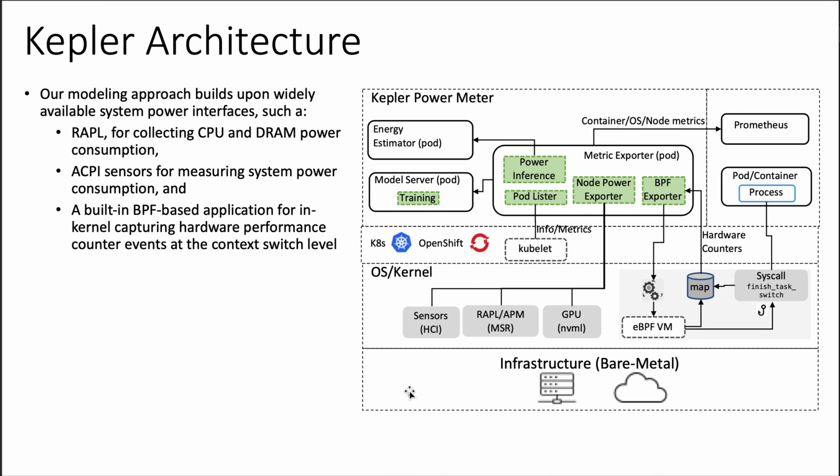So our modeling approach can use different power metrics from various power sources. For example, the Intel RAPL, which typically collects the power consumption of the CPU and the DRAM, and also the motherboard sensor, which collects the energy consumption of the entire motherboard and can be accessed by the ACPI sensors, and also the hardware counters that we collect using eBPF, where eBPF is a tool that enables kernel extension without the need to recompile the kernel.